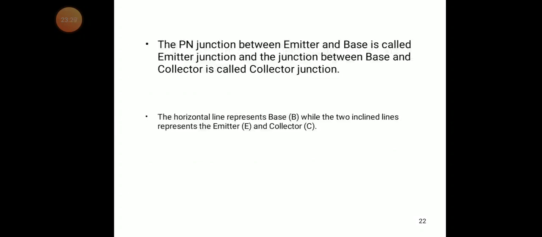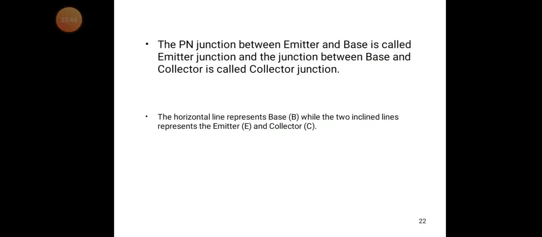The PN junction between emitter and base is called the emitter junction, and the junction between base and collector is called the collector junction.